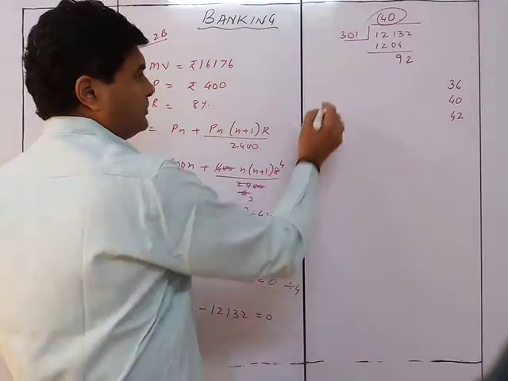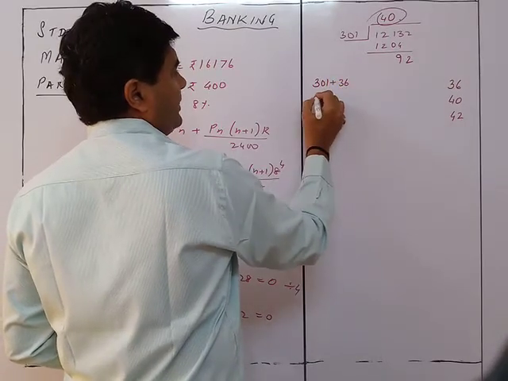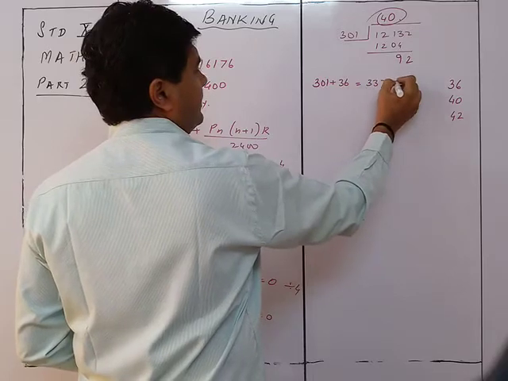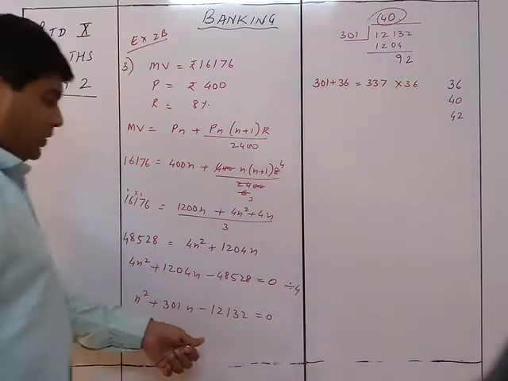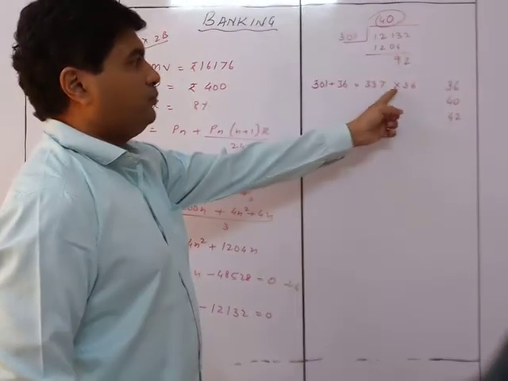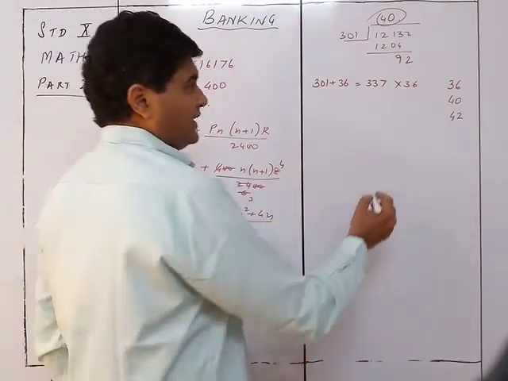So the first option will be 301 plus 36. That will give you 337 and 36. So 7 2s are 42. So 2 is coming, so it could work. So let's try it out.